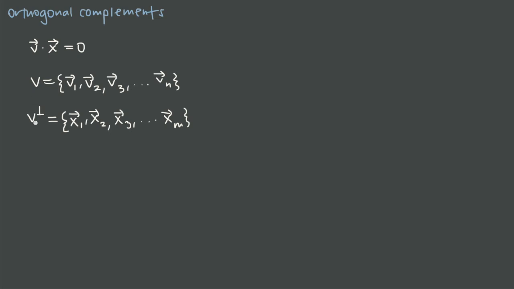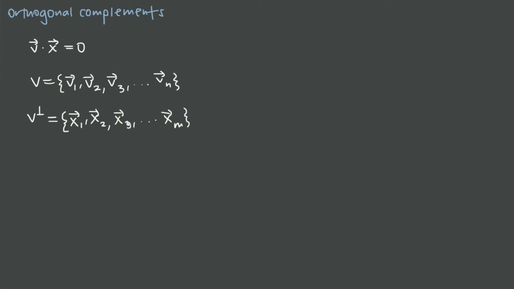And if they are orthogonal complements of each other, again, that means that every vector in the one set is orthogonal to every other vector in the other set. So v1 is orthogonal to x1, and it's orthogonal to x2, and it's orthogonal to x3, etc. v2 is orthogonal to x1 and x2 and x3. v3 is orthogonal to all these x vectors, and x1 is orthogonal to v1 and orthogonal to v2 and orthogonal to v3, etc. x2 is orthogonal to v1 and v2 and v3.